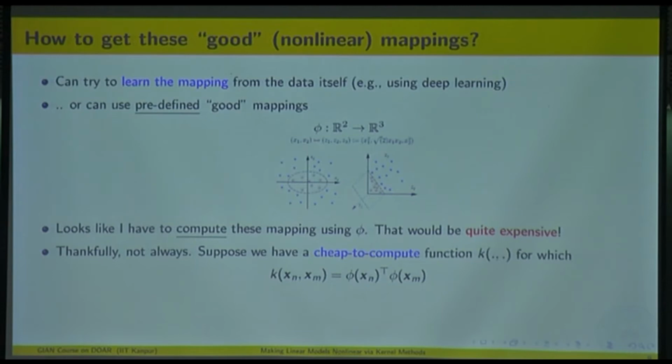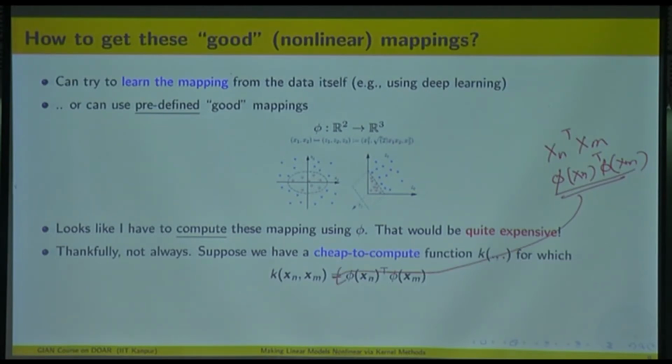Now, suppose we have some machine learning model where the data in your learning algorithm only appears in the form of these inner products, so your data only appears as xn transpose xm. Then, if I want to map this data to some higher dimensional space and do learning there, all I care about is working with phi of xn transpose phi of xm, and I know that this quantity is equal to the function that I'm defining.